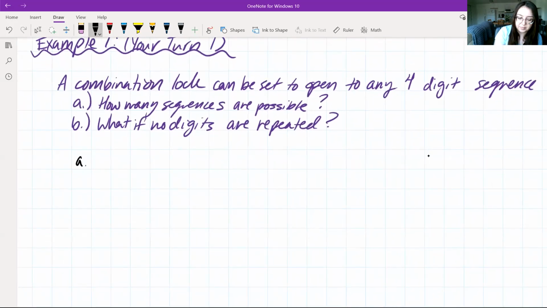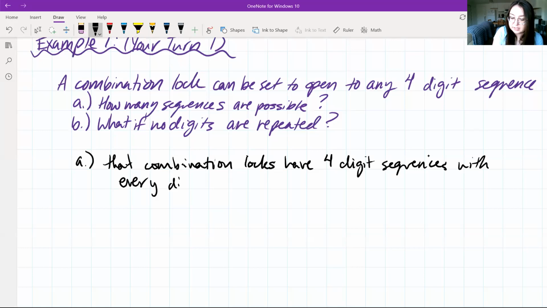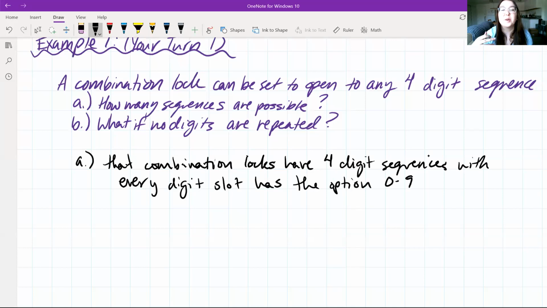Starting with A, if we're thinking about a combination lock, we know that combination locks have 4-digit sequences, with every digit slot having the option of choosing 0 through 9.